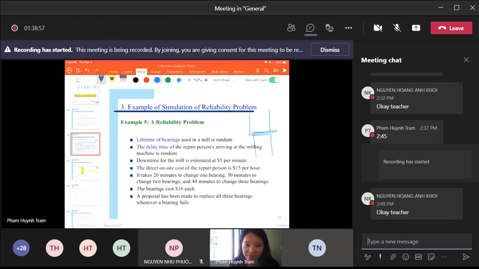Okay, and why are we so concerned about the time here? It is because it's related to money. When the machine is down, then we suffer certain costs. Okay, we cannot make anything. Right? So we assume that the downtime for the milling machine is estimated at $5 per minute.